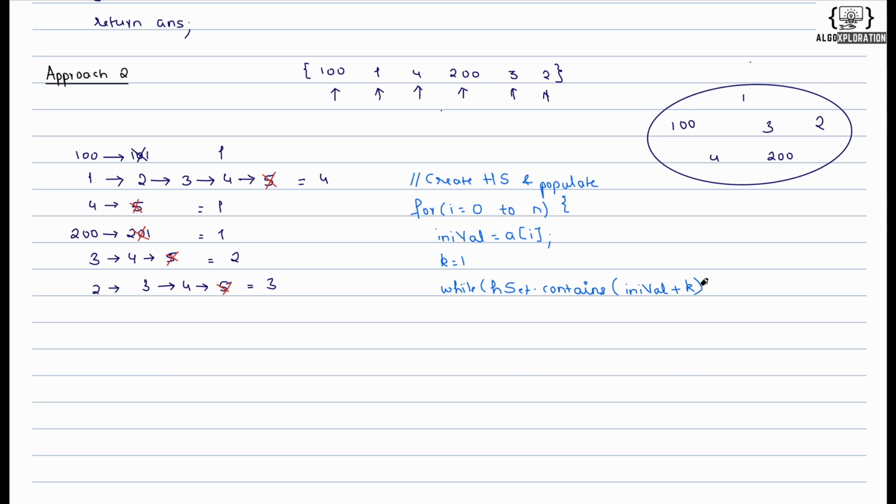If that element is present, I'm going to increment the count. If this is failing, then the answer will be max of answer comma k. That's it.